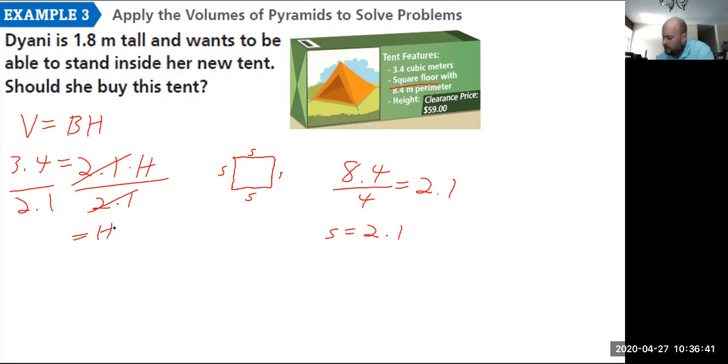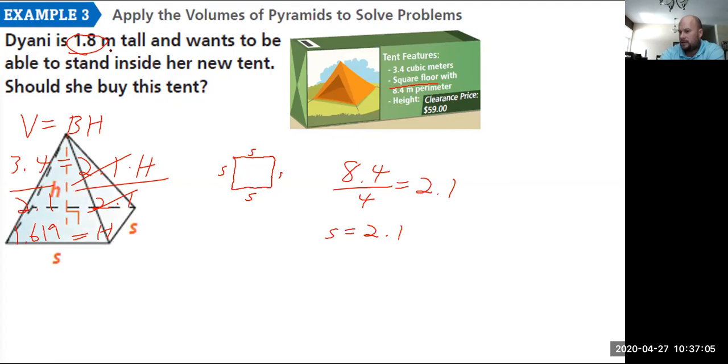Now the height, 3.4 divided by 2.1, is 1.619. She is 1.8. I don't think she can stand in this, but for some reason I thought it said she could.